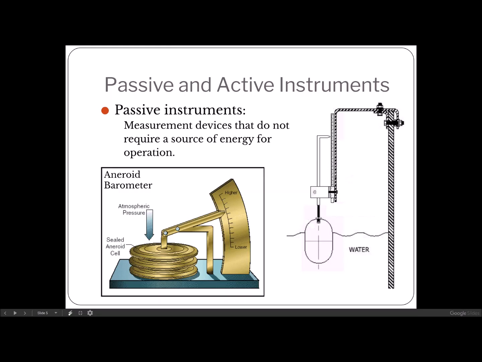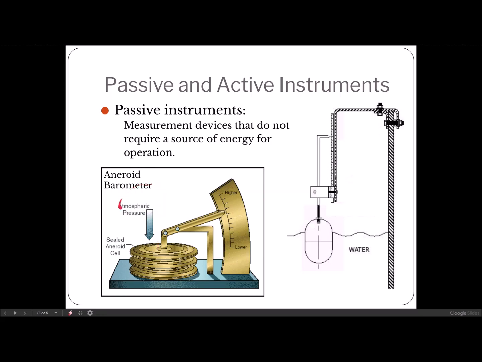As an example, you can see this classical aneroid barometer. How does this aneroid barometer work? You have a chamber with a certain calibrated pressure inside. This is a flexible chamber. This barometer is meant to measure atmospheric ambient pressure.